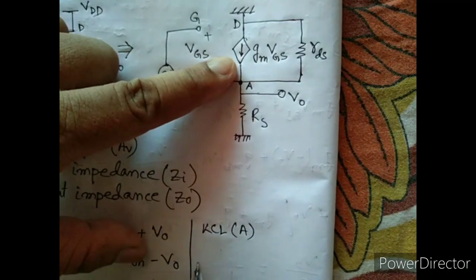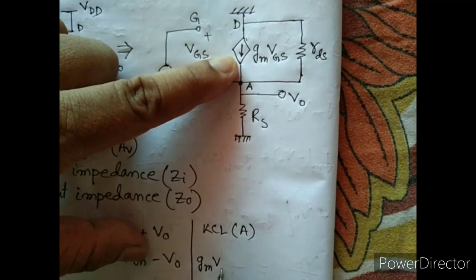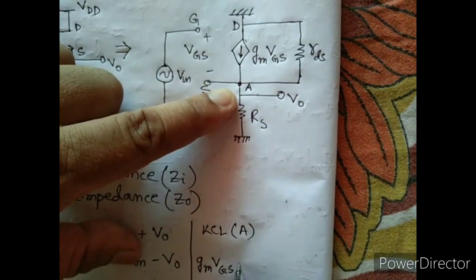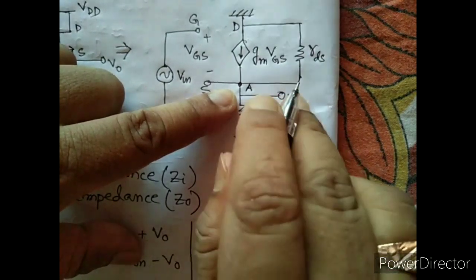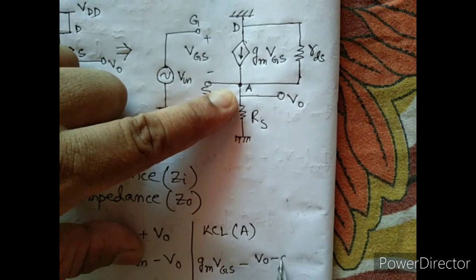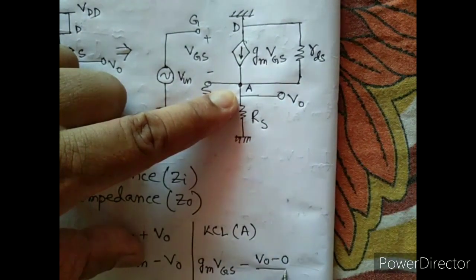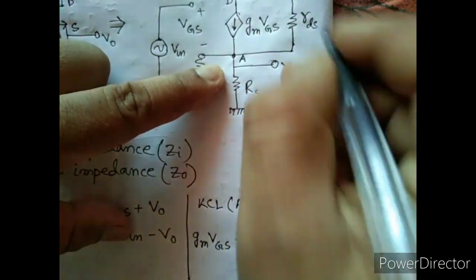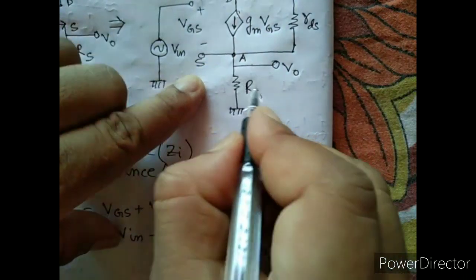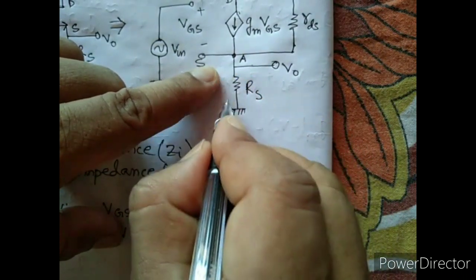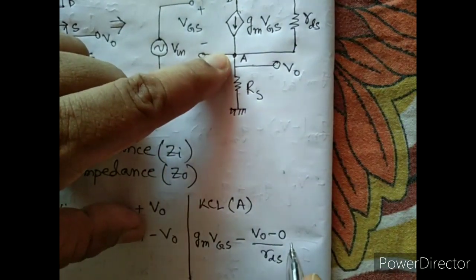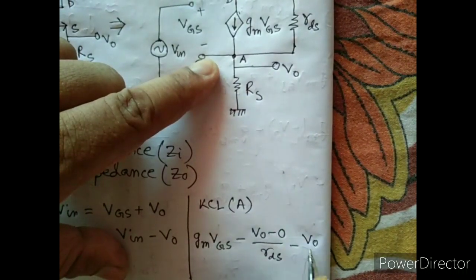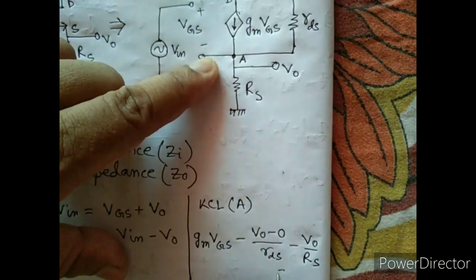So input is gm VGS, current passing through this is V0 minus 0 by RDS, as this terminal is grounded, and another current is passing through this way, minus V0 by RS, equals 0.